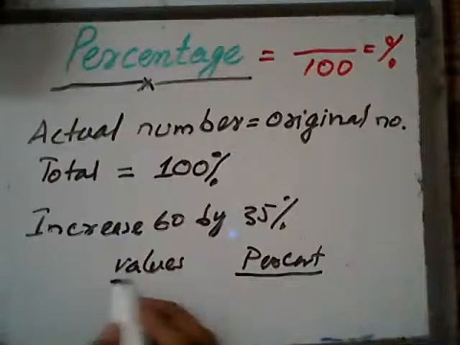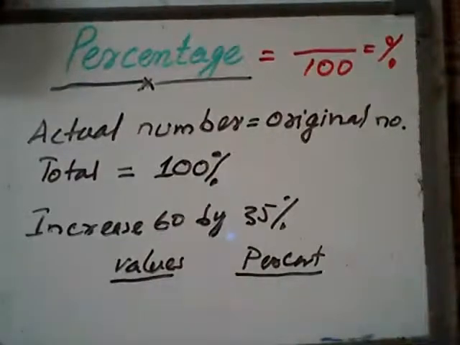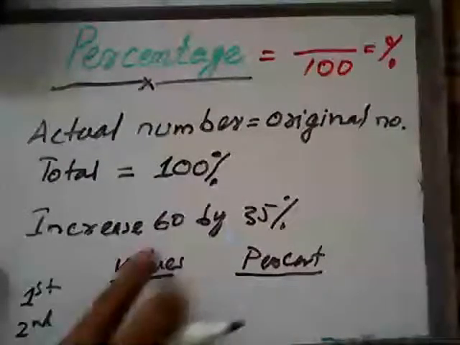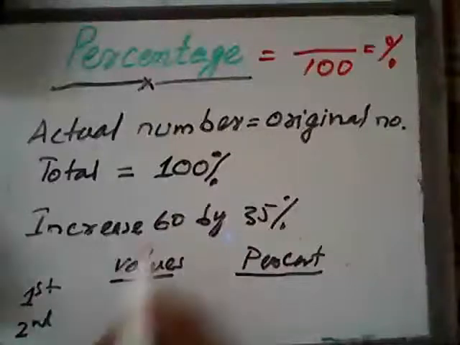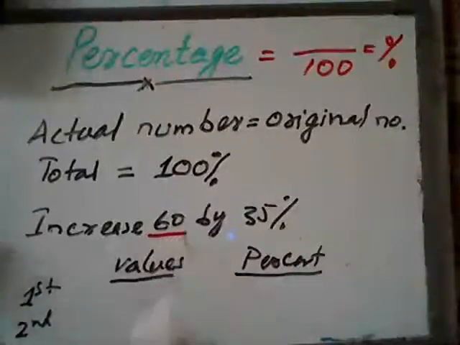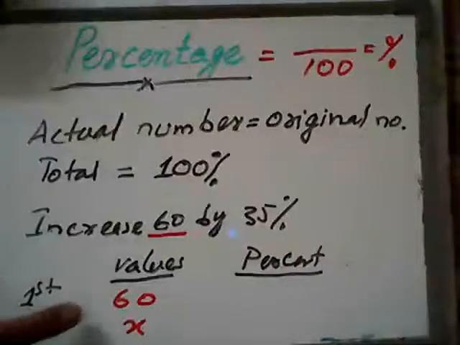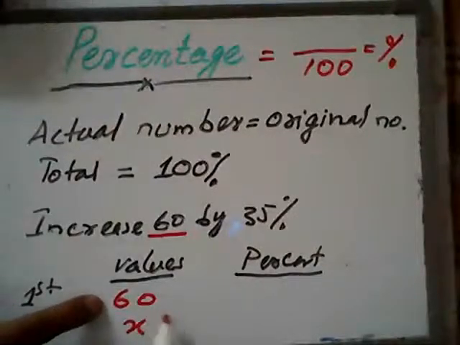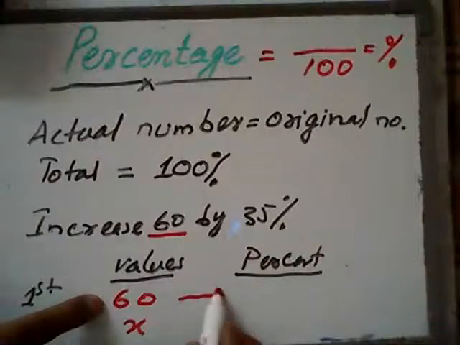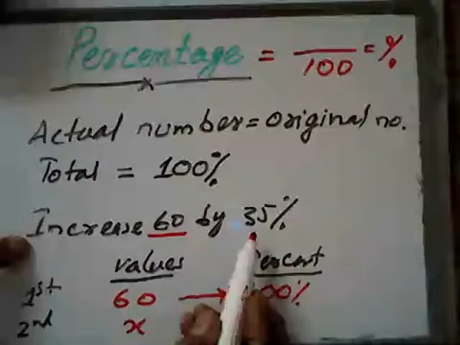We draw two columns, values and percentage. 60 is the original value, so the first value is 60. We don't know the next value, so we consider it as x. Because 60 is the original value, its percentage will be 100%.